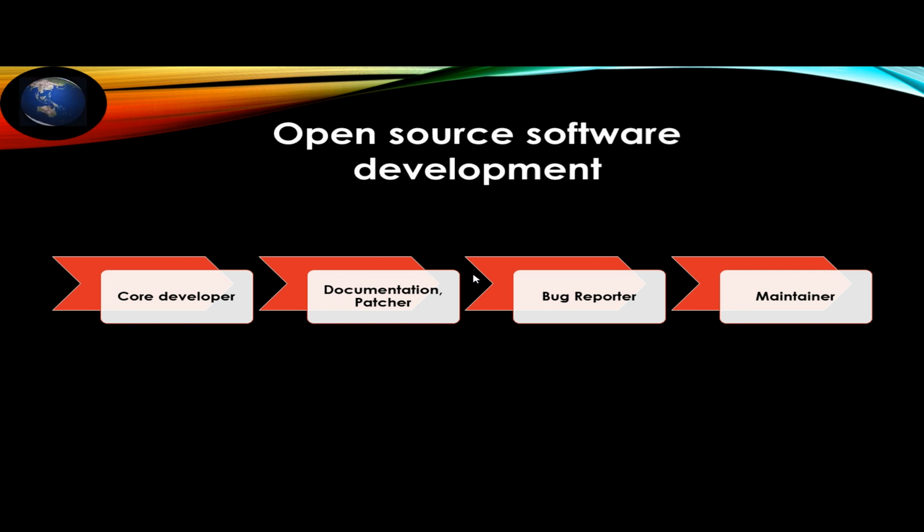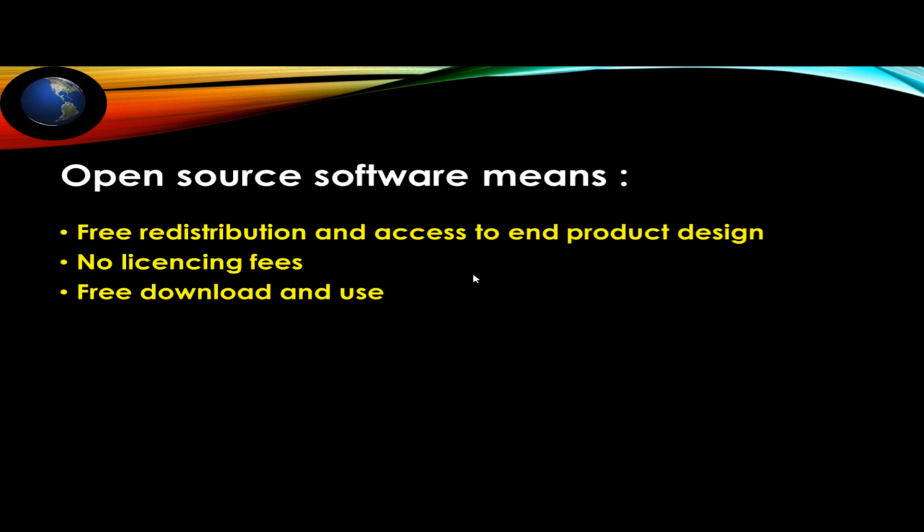Then it goes further to the maintainer, who can advance the version. As you are seeing, the open source GIS software QGIS has different newer versions, but we will stick with the stable versions. That is how open source software development takes place.